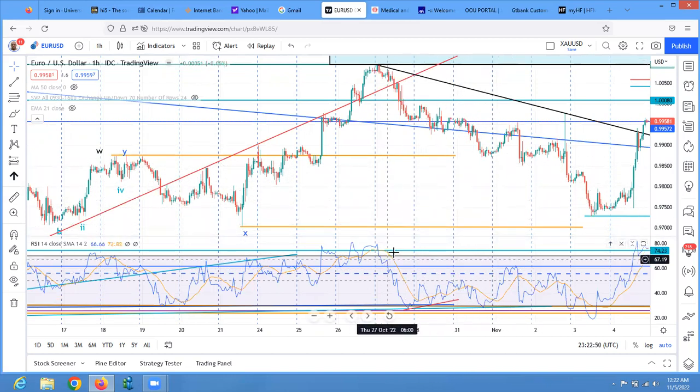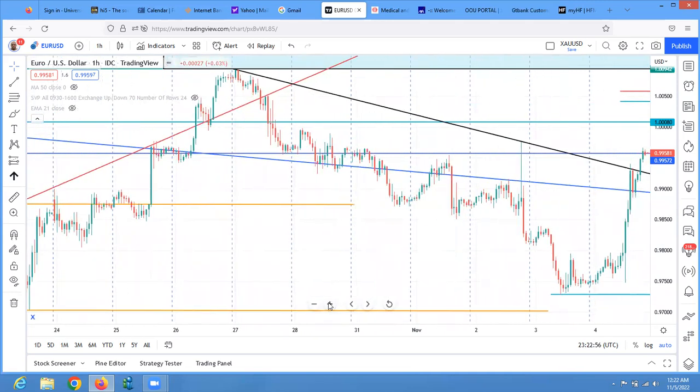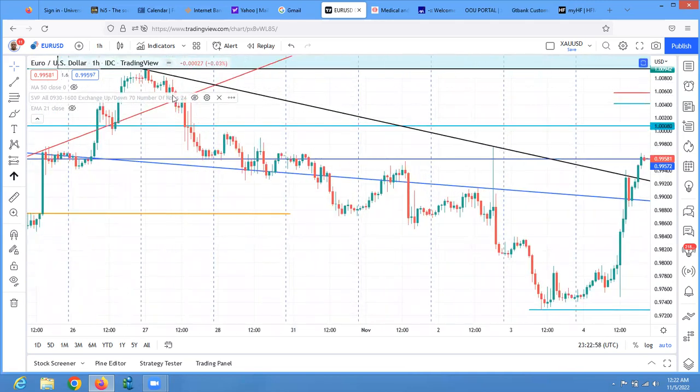Let me zoom in again. So it was looking as if we had that move, 1, 2, a 3, a 4 here, and a 5. So after this 5, that means we finished wave 1 in that degree on the 4-hour time frame.